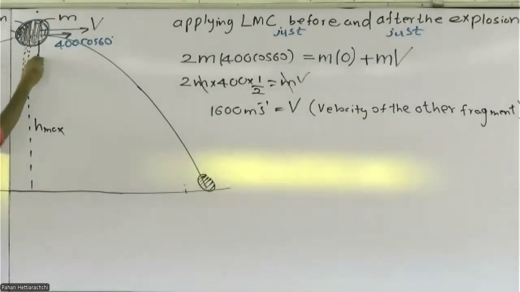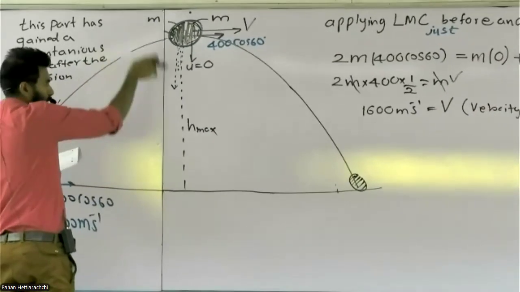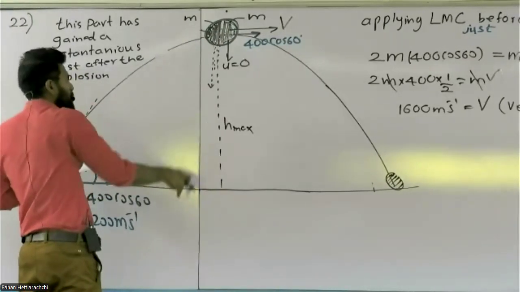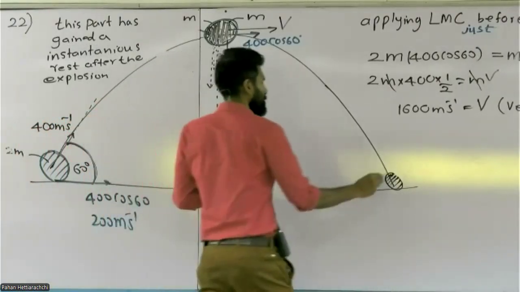It also has a downward velocity of 0 at the beginning. It was moved horizontally due to LMC here, so it's not having a vertical downward velocity. So it has to fall this h max value downward before hitting the ground.